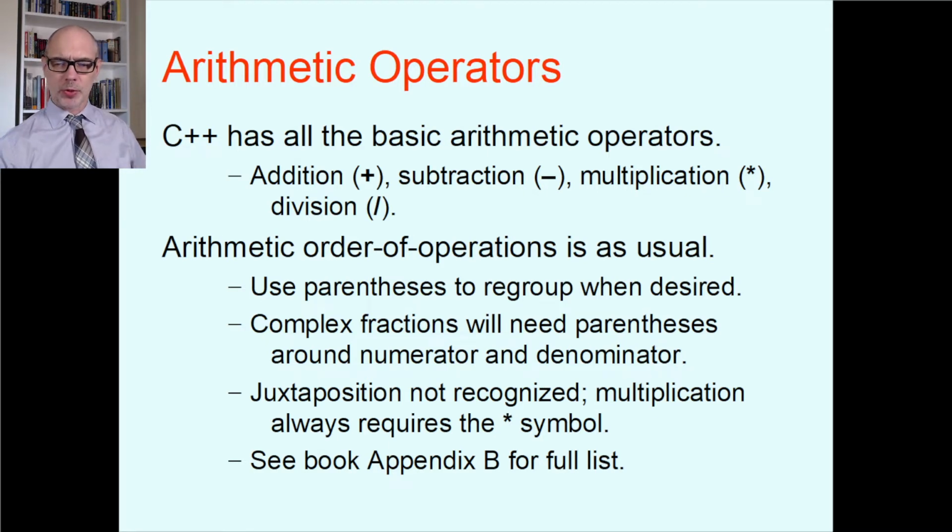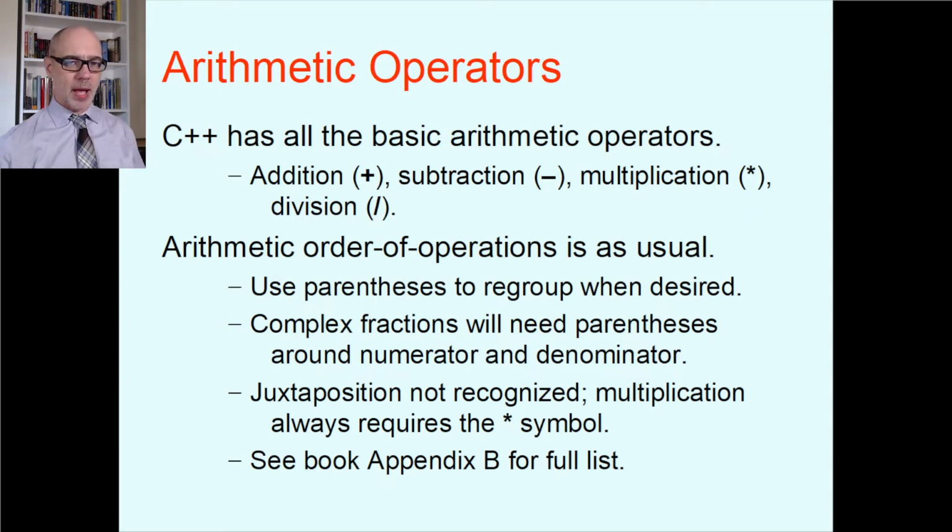I mean, here we're only talking about 4. The full story is that C++ has about 50 different symbolic operators. Now, they're not all arithmetic operators. There's a whole bunch of different kinds of operators that we'll learn more and more about in future weeks. But you might want to keep an eye on Appendix B because all 50 of those operators need to have some kind of position in the precedence list, in the order of operations list.